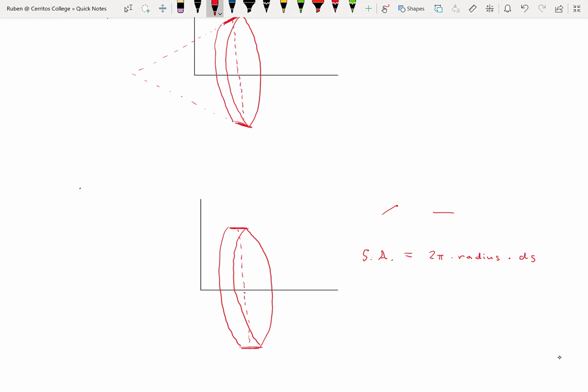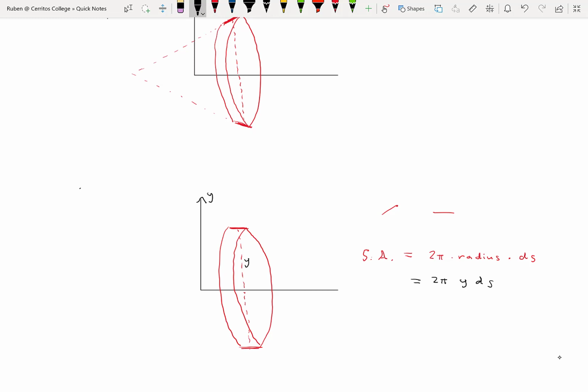Okay, so I want to give this thing a radius. Well, the radius is in the y direction, so I'm going to call it y. So the surface area is 2 pi y ds.